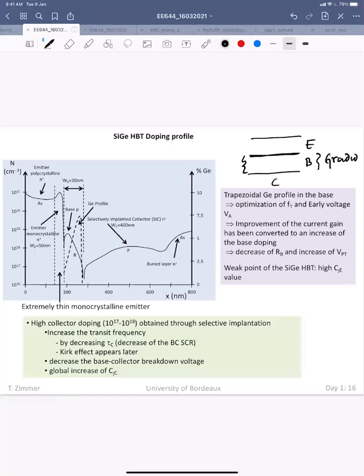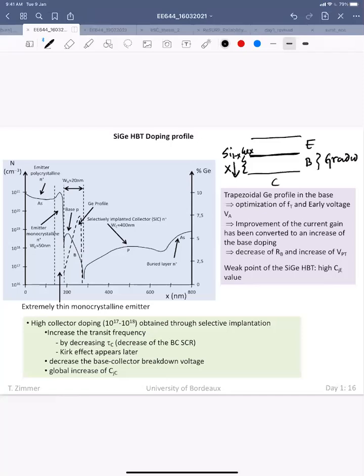That means if I have Si 1-x Ge x, I have increased the value of x from this side to this side, which means I have increased the germanium content. That can be easily done during deposition by epitaxy. I could easily manage the concentration of germanium from collector base junction to emitter base junction.